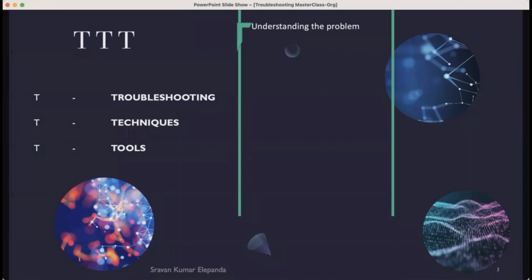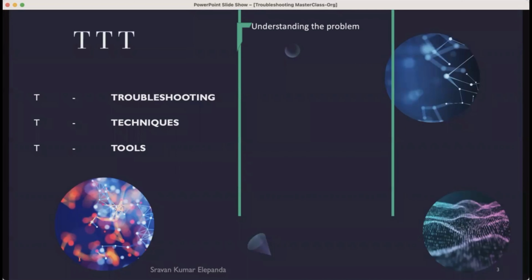So what I'm trying to understand is, if somebody comes to me, how am I going to identify the problem and how am I going to define it? So basically it is about identifying the problem statement.